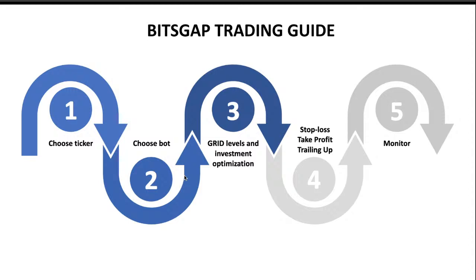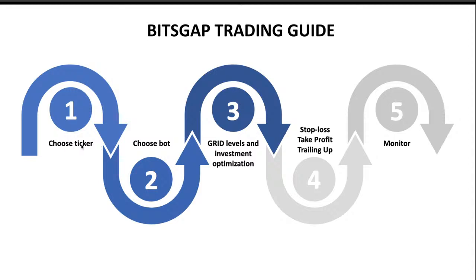So the trading route guide looks like this. You choose the ticker, and how to choose the ticker: use the backtesting and use the recommended strategies as possible sources of your trade ideas.